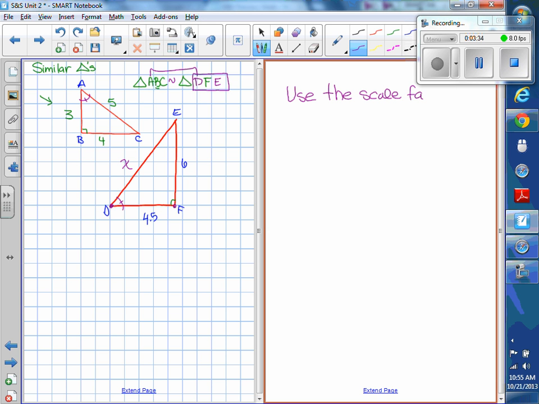We did this a lot last week. So the way I'm writing it for my problem is use the scale factor to find the value of x. Okay. And when you do your homework tonight, you have a lot of problems where you're just matching up corresponding angles, finding the equal angles, and then finding missing sides.